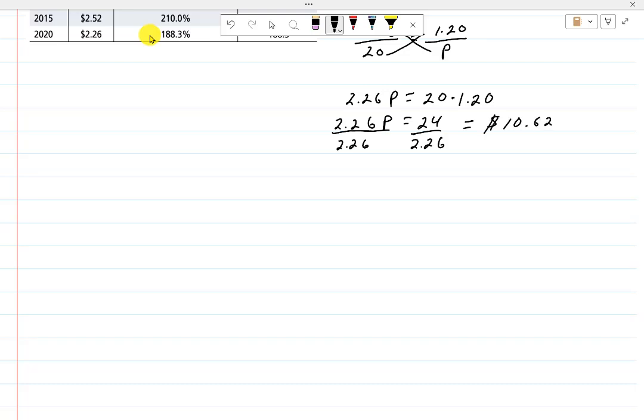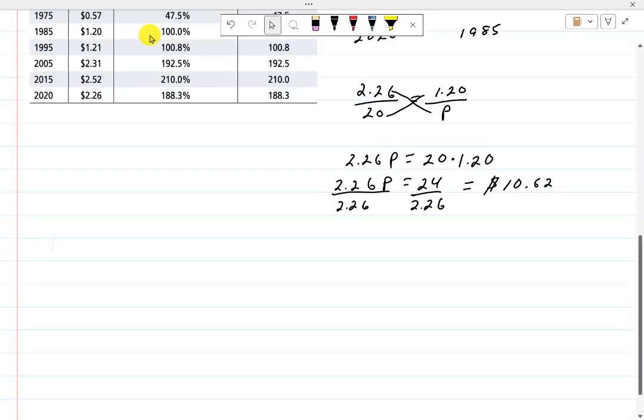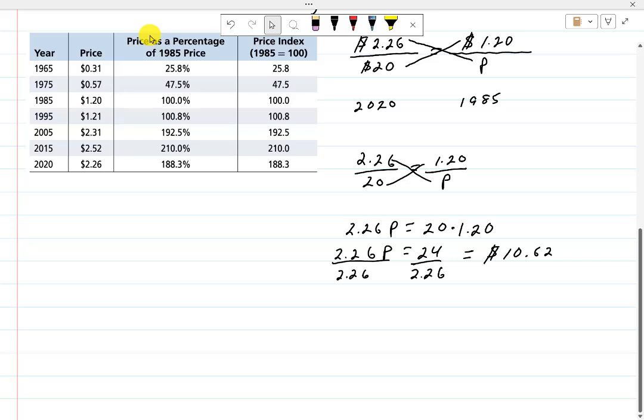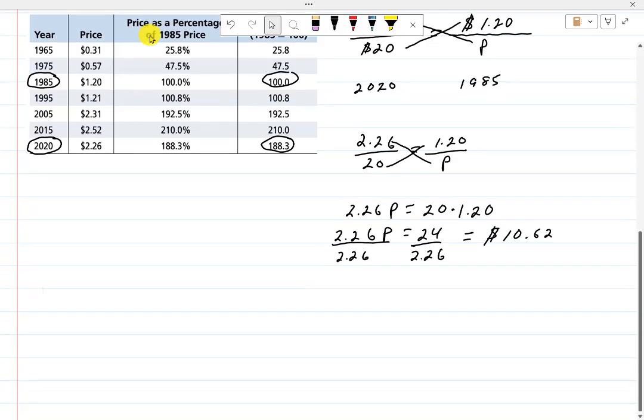Now, I could have actually set up a slightly different equation. The reference numbers I used were the prices per gallon. I could use different reference numbers. I could use these index values, for example. For 1985, I have 100, and for 2020, I have 188.3. So we could do the indexes instead.